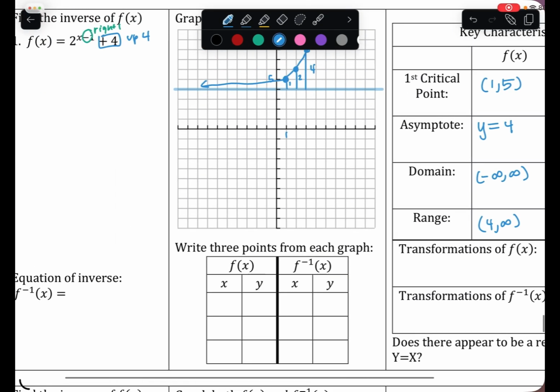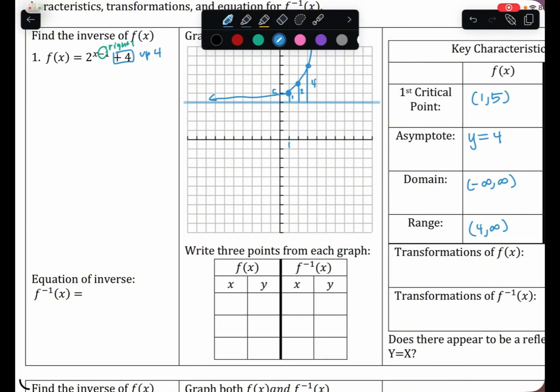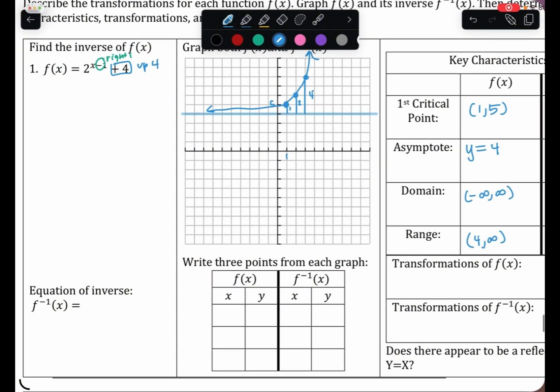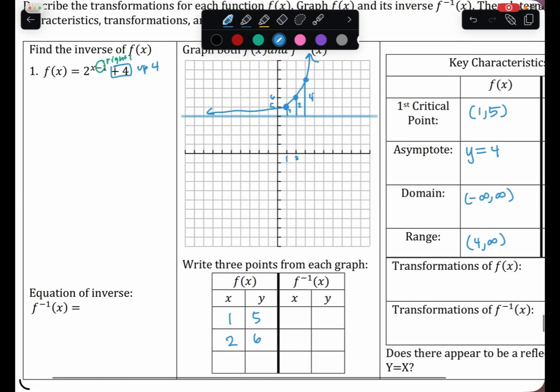Okay, and so for my 3 points, I have (1, 5). And then I have the point (2, 6). And then I have the point (3, 8).